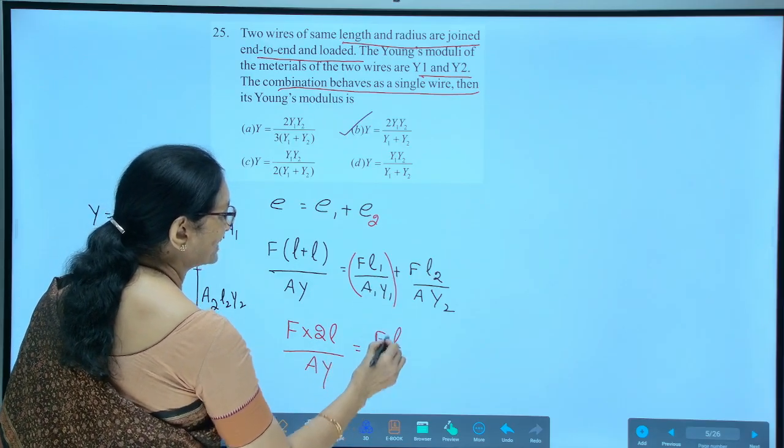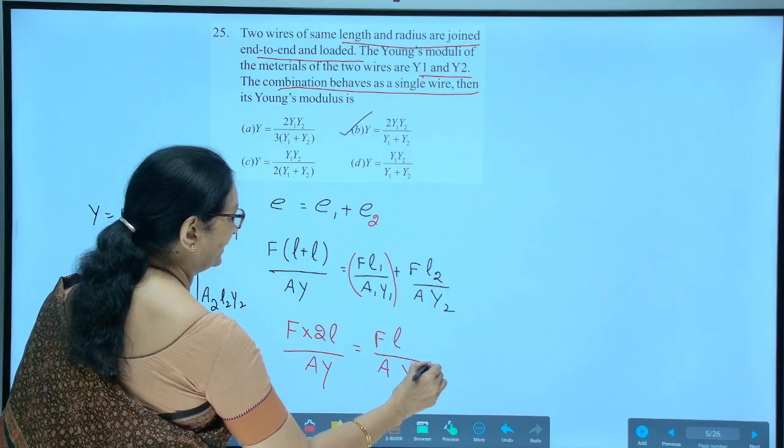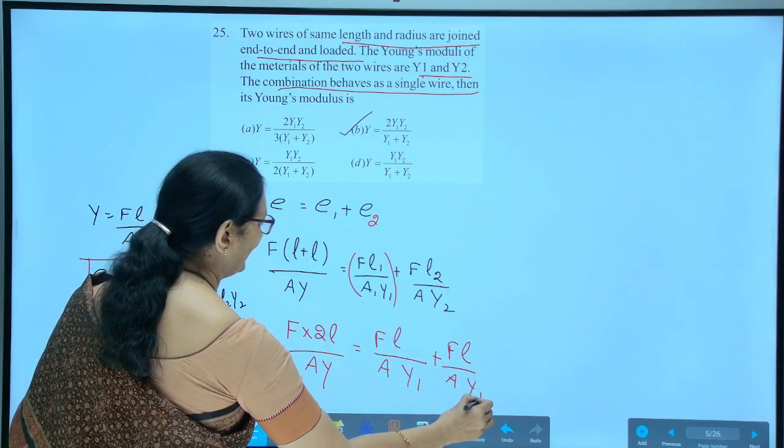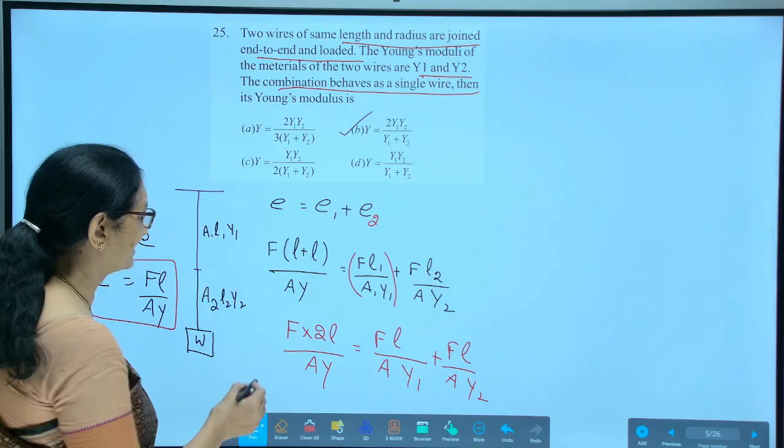Both of them are similar wires. They have the same length, same area of cross section. So plus F L by A Y2. So what are the things we can take as common factor and cancel?